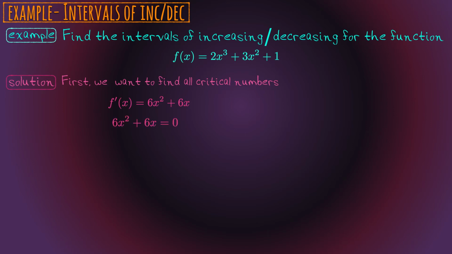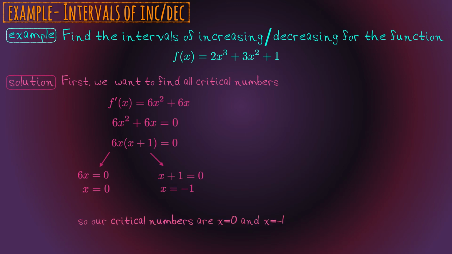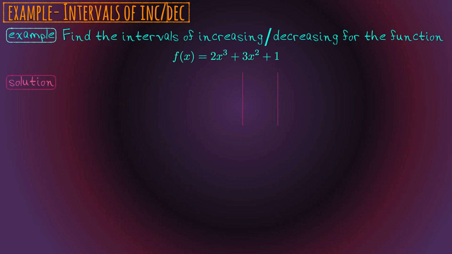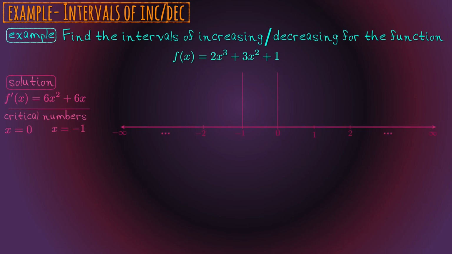If we set that to 0, we get x equals 0, x equals negative 1. And so we're going to break up the real number line at 0 and negative 1. And now we're going to test f prime in those intervals, and that's going to tell us about f.